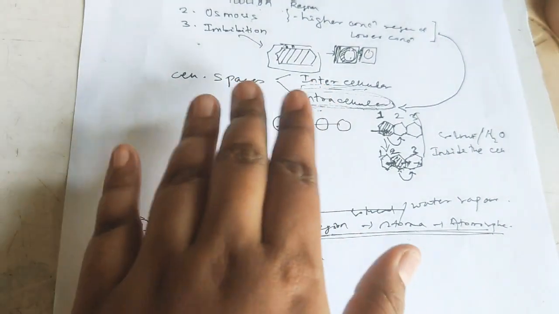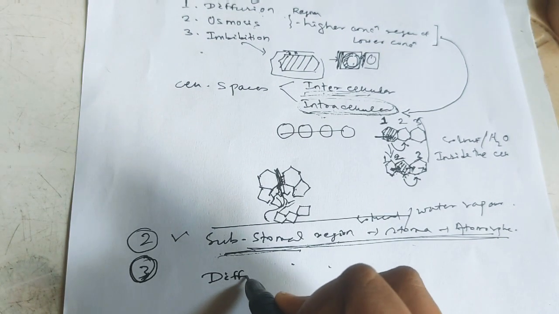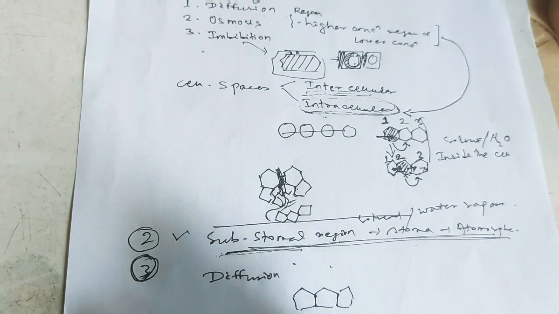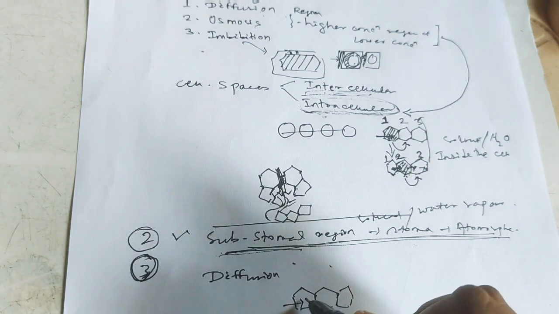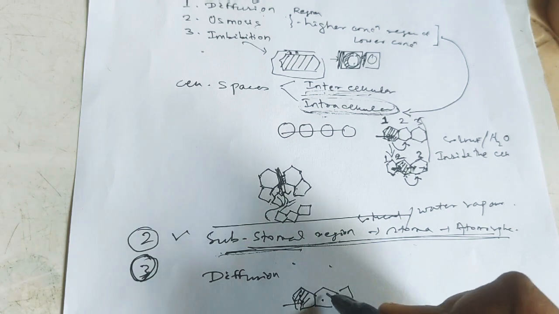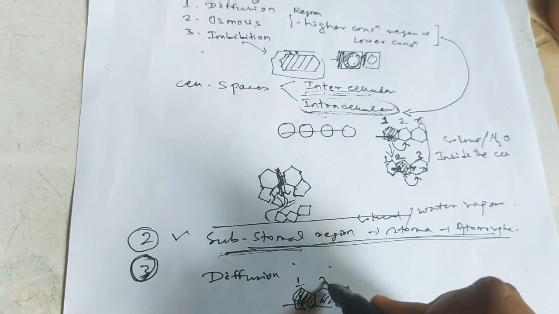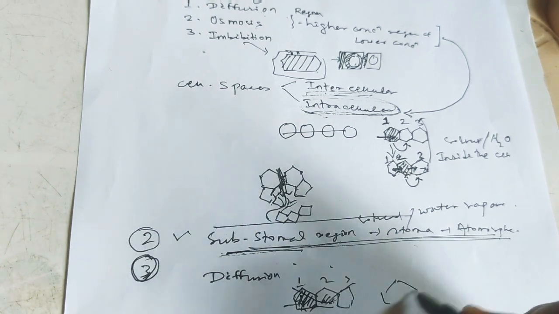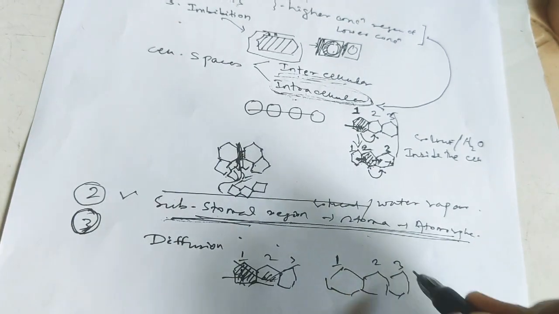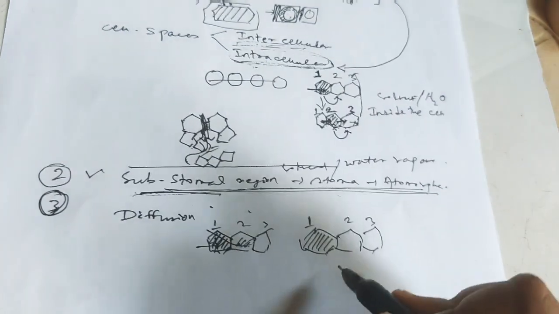Then the third important point: diffusion and osmosis. When diffusion occurs, suppose there are cells here, and the solvent moves from high concentration to lower concentration. When it is filled with water, first, second, third, suppose this cell is filled with water.